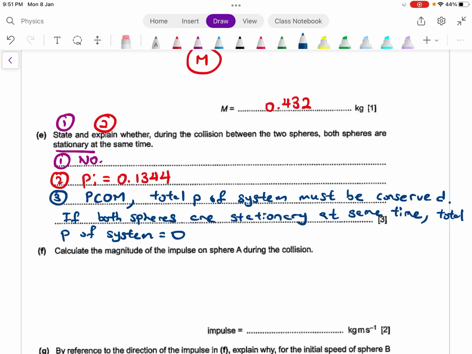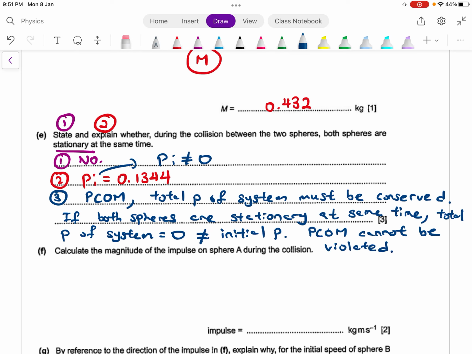Which will cause the PCOM to be violated, because you can see that the initial momentum is not equal to zero. So that is how we explain. The total momentum of the system is equal to zero, which is not equal to the initial momentum. Hence, the PCOM cannot be violated. So that is for part E.